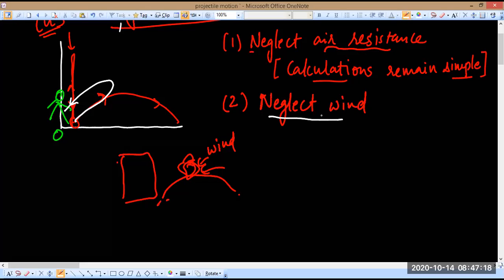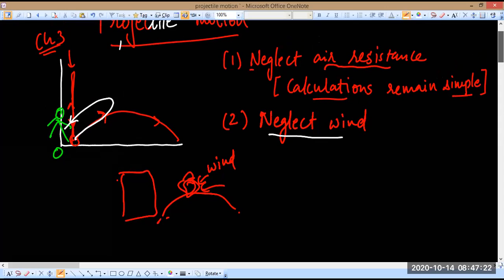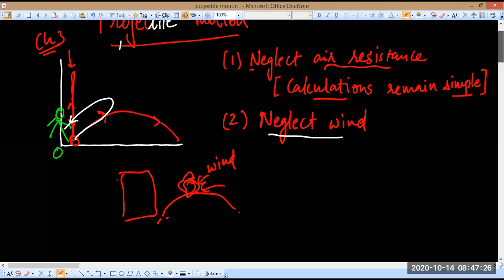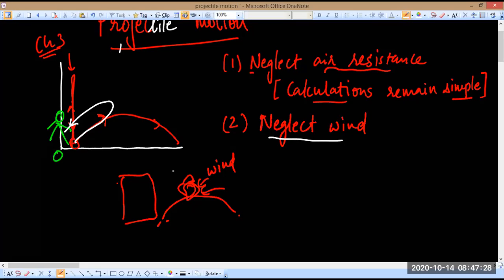Because if the wind is very strong, and the air is moving a lot, it's not going to be possible to apply it for a piece of paper. But suppose you take a stone. Then for a stone, more or less the wind does not have a lot of effect. Do you agree with me?